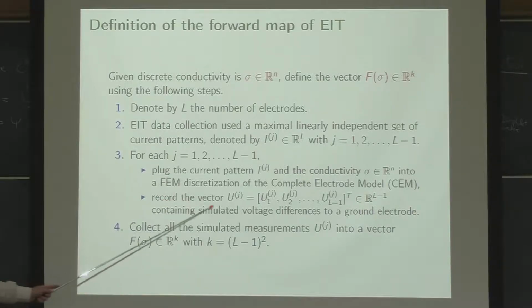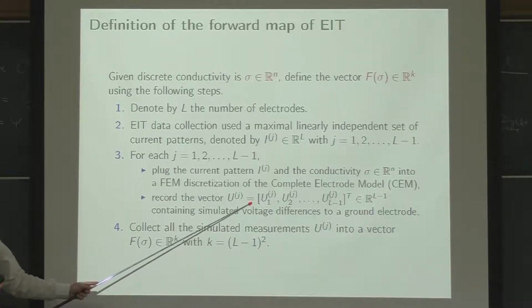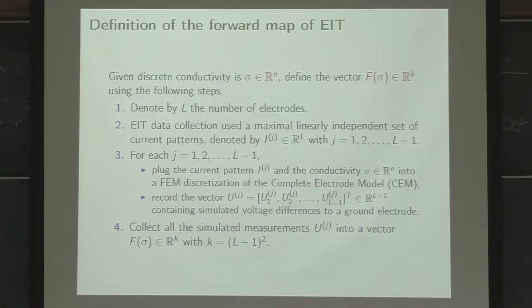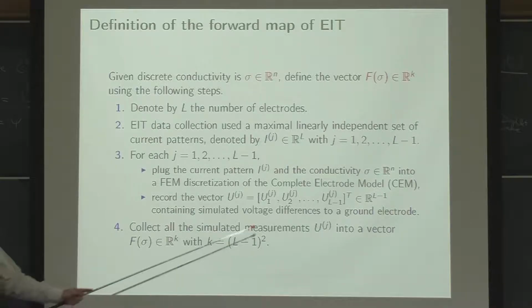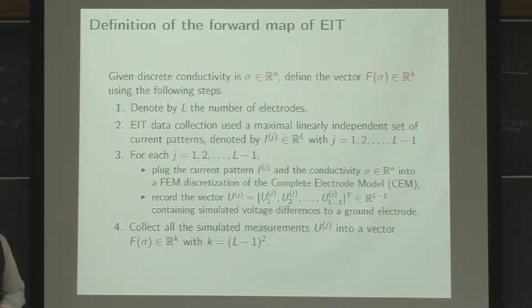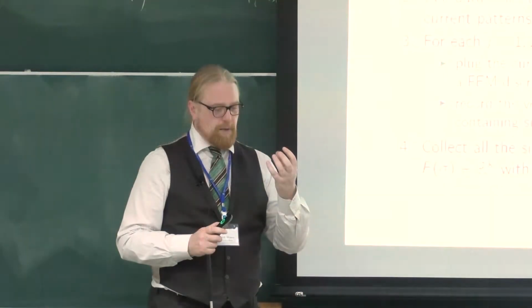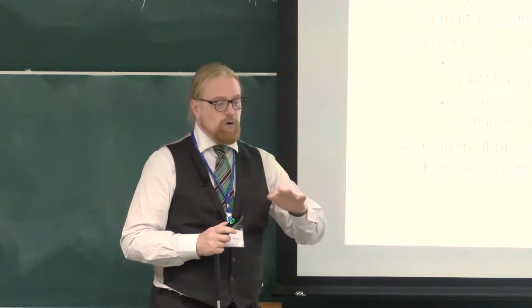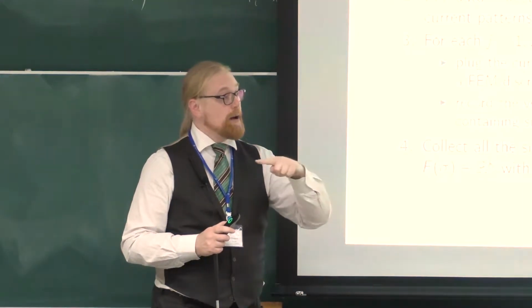We read out from the complete electrode model the voltages at the electrodes, and actually there also we have L minus 1 here. There are a couple of ways of doing this. Actually, I think in the official definition of the complete electrode model, the solution of the Neumann problem is made unique by adding a constant that makes the boundary Dirichlet value to be 0.